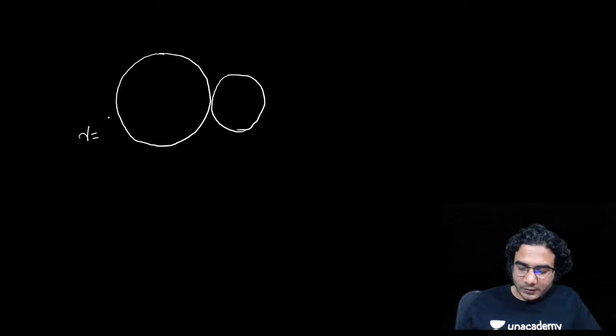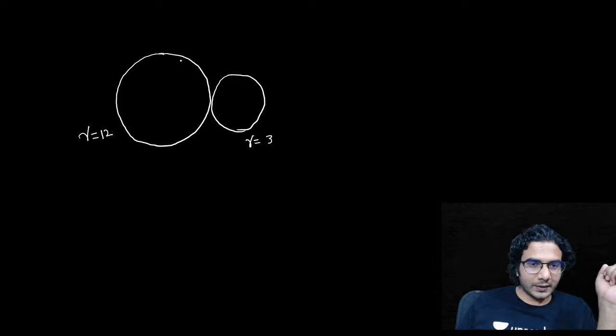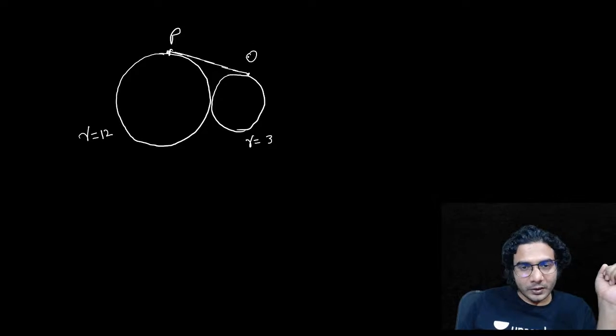Radius of this is 12 and radius of this is 3. Okay. Now you need to find this direct common tangent, the length of the direct common tangent. अब बताओ कितना होगा? Only this thing is given.